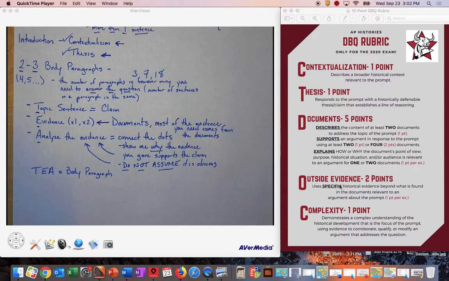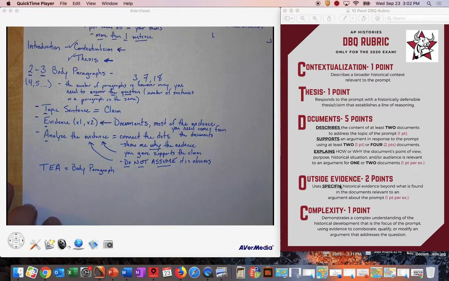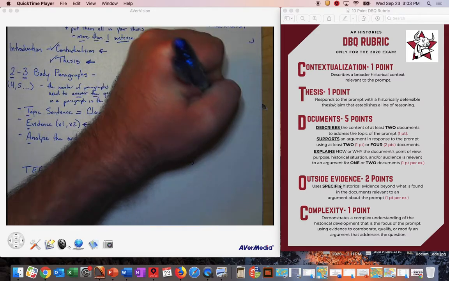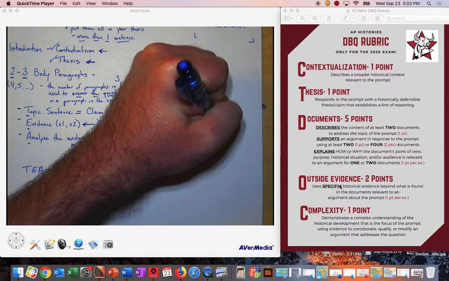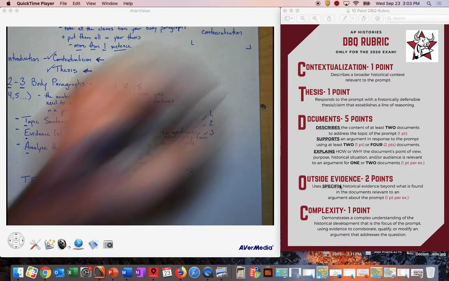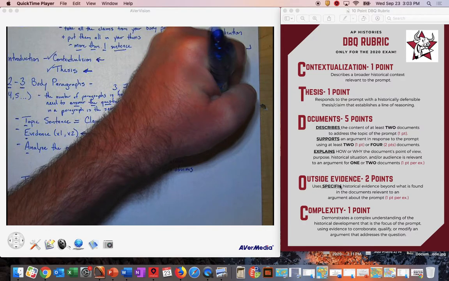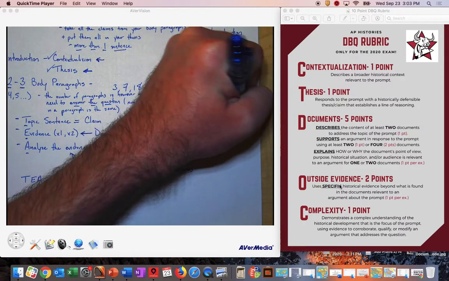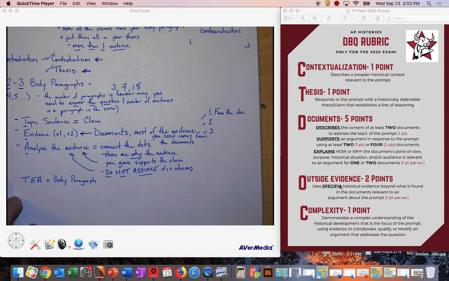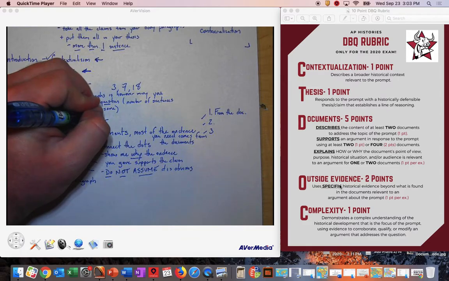So what kind of evidence do we want to give? There's 3 types of evidence we're going to have to play with when we write a DBQ. There's evidence from the documents. Basically, you're just going to take the content from the document and apply it to the claim.